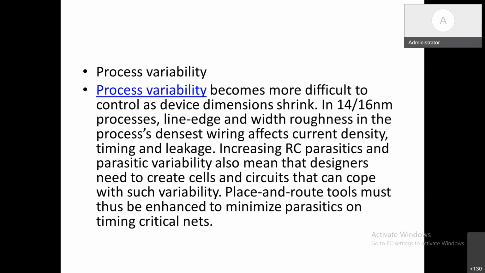So when we increase the RC parasitic and parasitic variability, it means the designers have to create cells and circuits that can cope with such variability. So place and route tools must be enhanced to minimize the parasitics on timing.